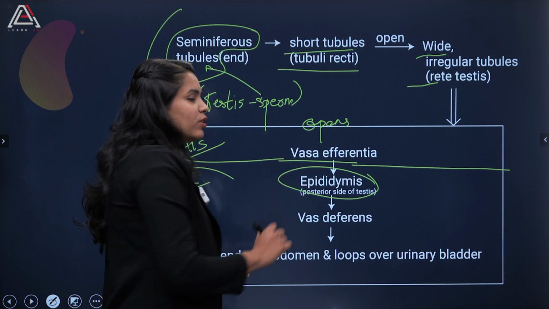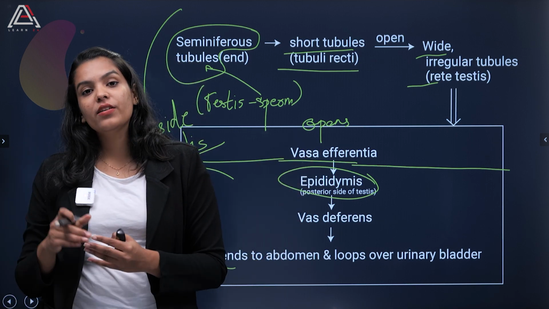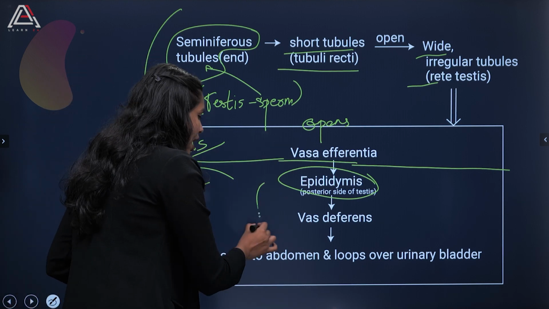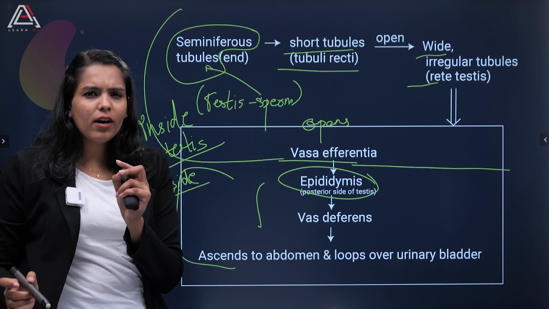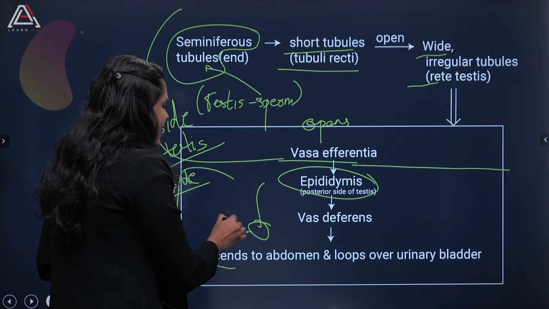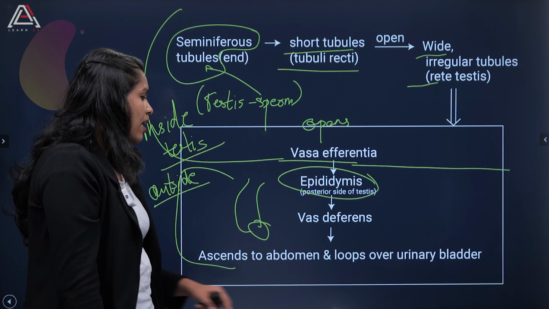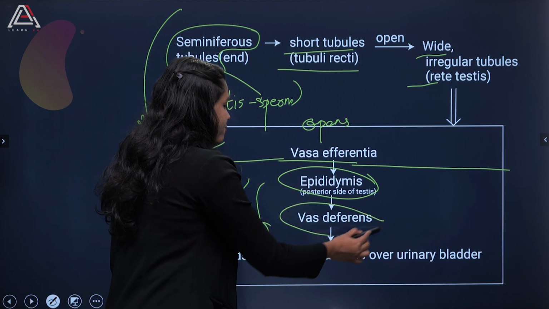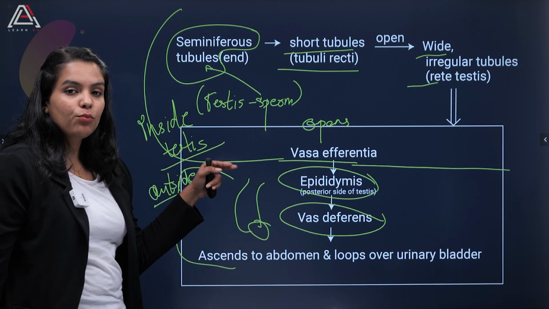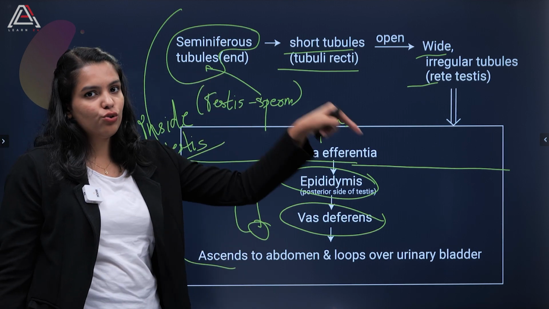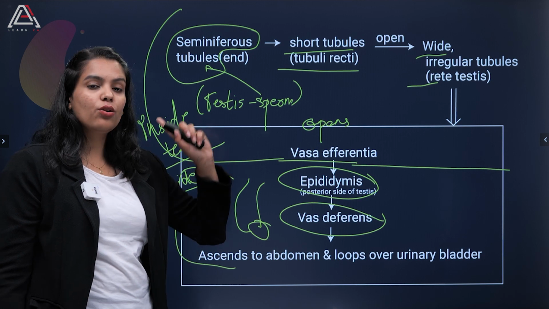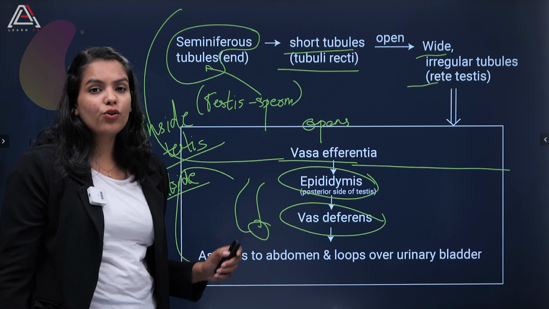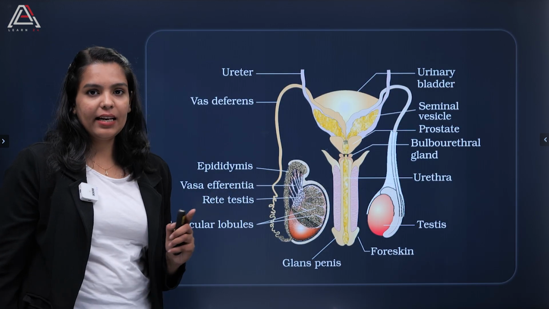The sperm moves through the epididymis present on the posterior side of the testis, then it goes down and stays there for a shorter period of time, and then ascends through the abdomen and loops over the urinary bladder through the vasa deferens. Alright, so let me show you this through the diagram.